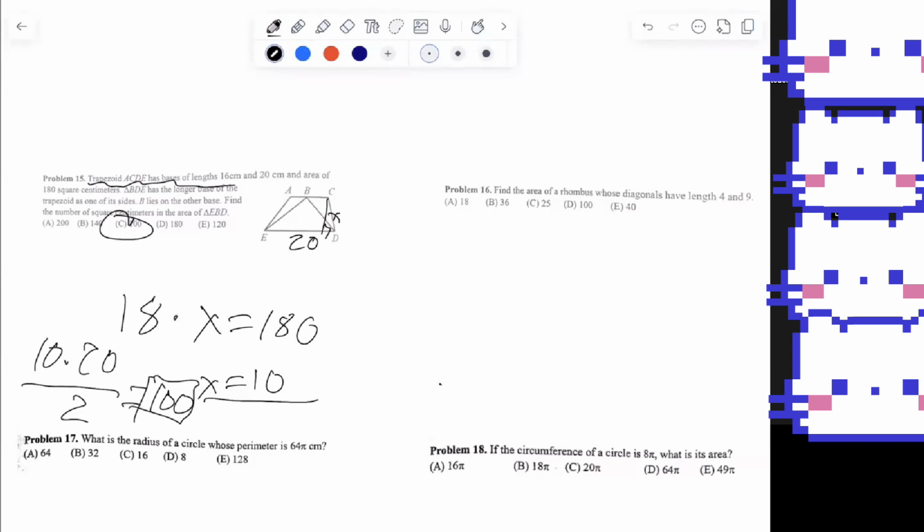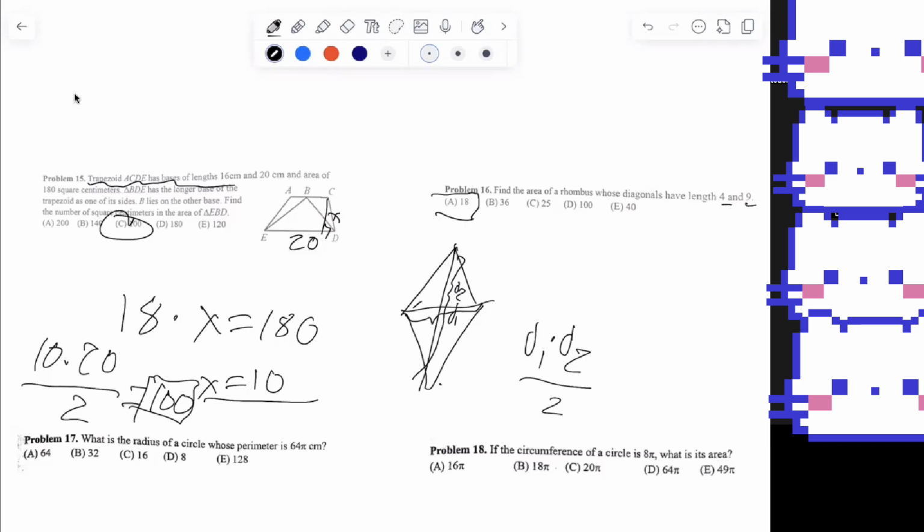We know the formula for the area of a rhombus is diagonal 1 times diagonal 2 divided by 2. This length right over here is diagonal 1, and this length is diagonal 2. So it's 4 times 9 divided by 2, which is 18.